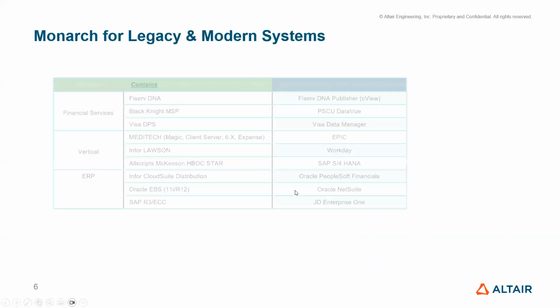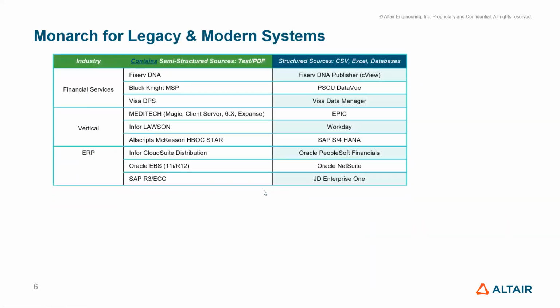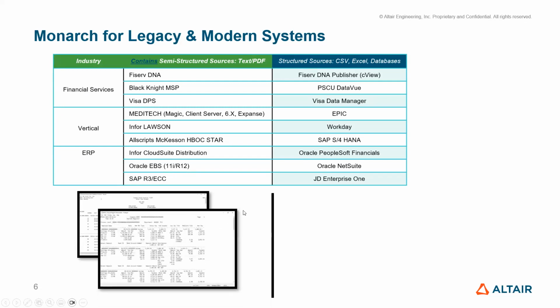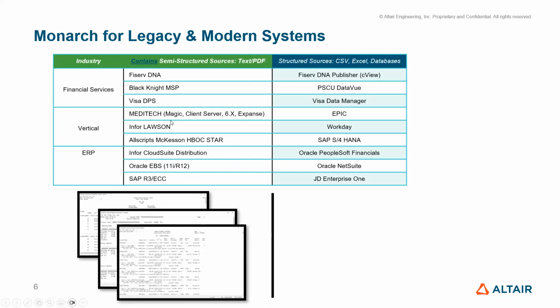Okay, so this slide right here is relatively important because it talks about the right way to think about Monarch. On the left over here, you have an example of the kinds of systems. It's certainly not an exhaustive list, but an example of the kinds of systems that generate these reports, across different industry verticals.